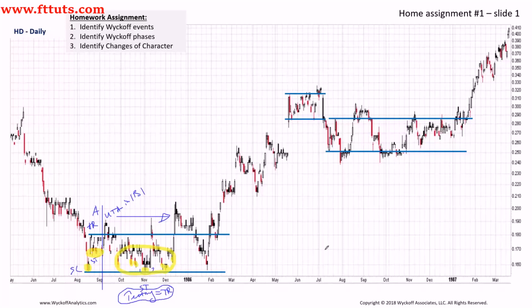There are 2 points I can identify. One is the upthrust that happens soon after the testing of the support level, and the other one is the low of the phase C. Those are the two things that stand out. Okay, so let's deal with phase C first. So why is this phase C?